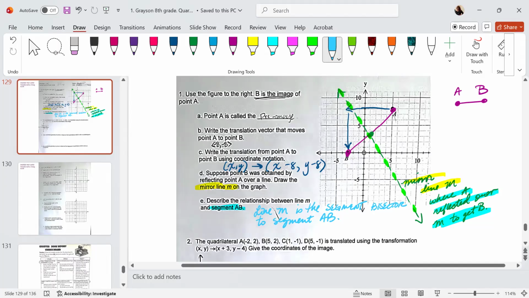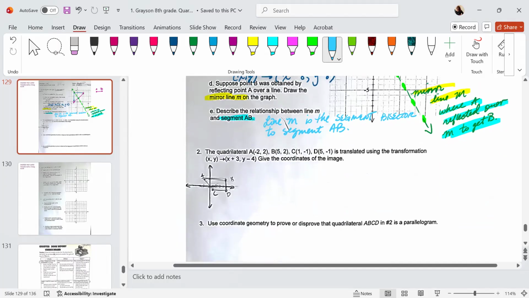Okay. Number 2. On the quadrilateral ABCD is translated using the transformation x, y is x plus 3 and y minus 4. Give the coordinates of the image. Tell me how you do it.